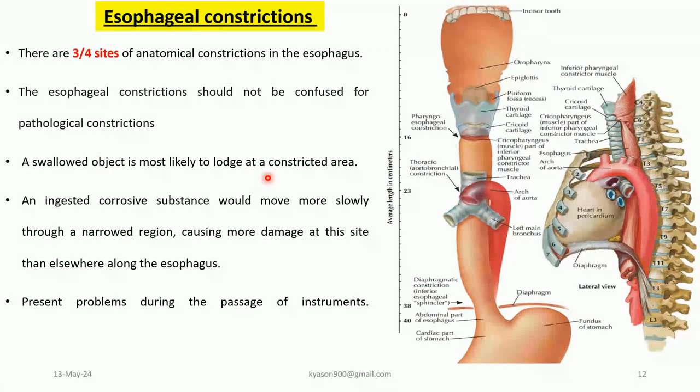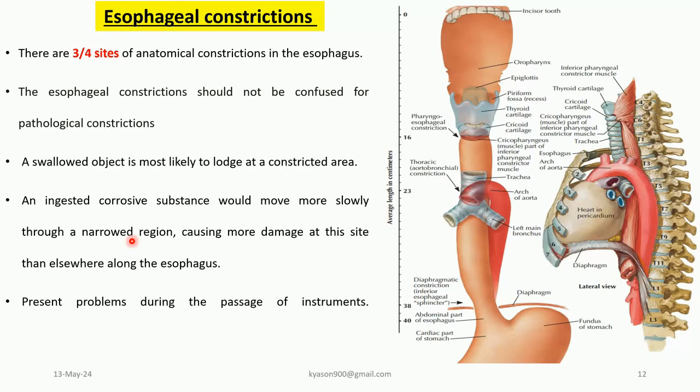Let's say someone also ingests a corrosive substance. This corrosive substance can cause injuries at those narrowed areas. Okay, and whenever there is an injury at those narrowed areas, it's going to create what we call strictures.